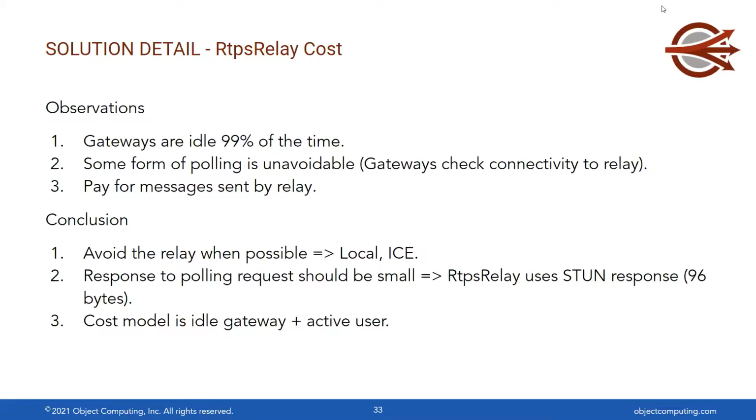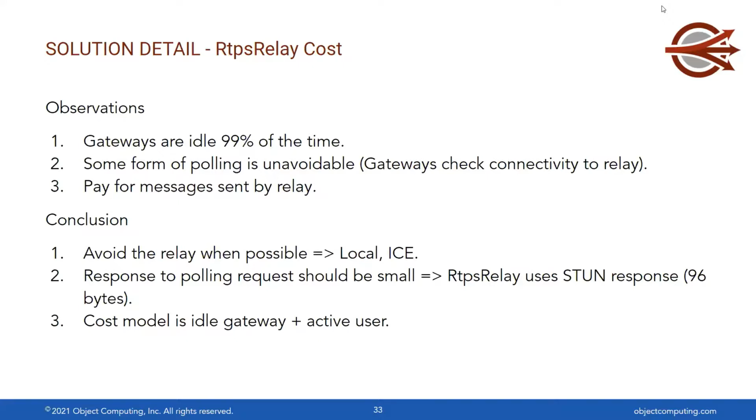And the third observation is you pay for messages sent by the relay in most cloud providers. You only pay for egress, you don't pay for ingress typically. So based on these observations, we'd really like to avoid the relay when possible. And we started out at the very beginning with that as a goal in terms of reducing our operational costs. And we can do that with local interactions and ICE.